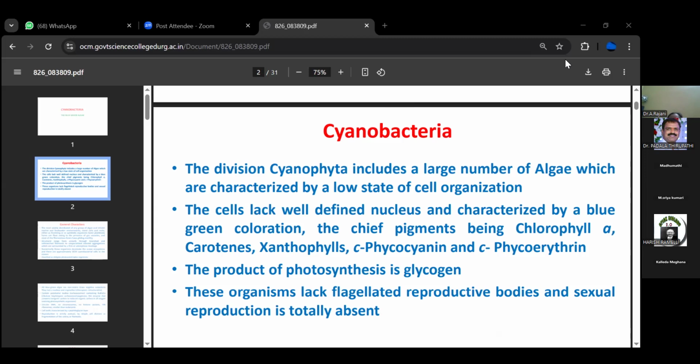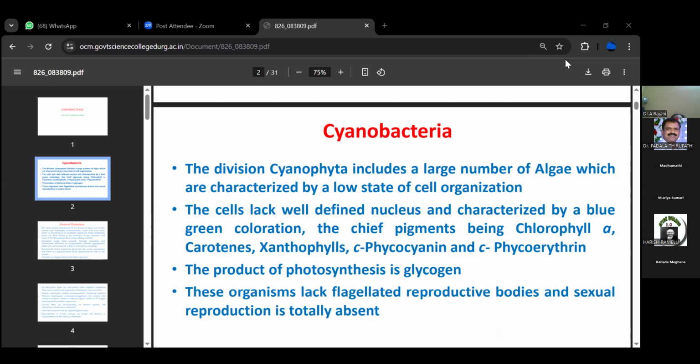In eukaryotes, the plant cell wall is made up of cellulose, hemicellulose, suberin, lignin, like that. Here in the cyanobacteria, the cell wall is made up of muramic acid, N-acetyl glucosamine, muramic peptidoglycans, like that.